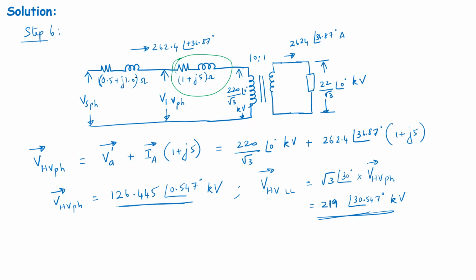Then we will go one step ahead and we will try to solve for the sending end phase voltage. The sending end phase voltage as a vector is going to be VH, V phase voltage, plus IA as a vector times 0.5 plus j1.0, which can be solved.